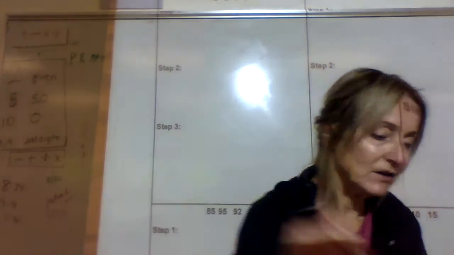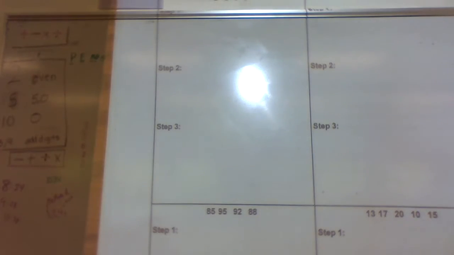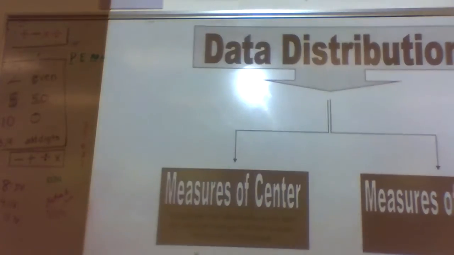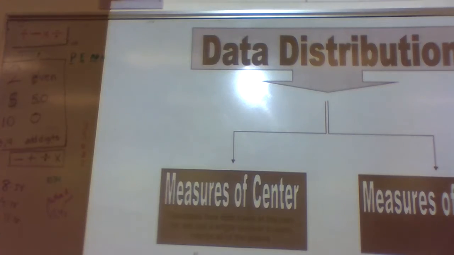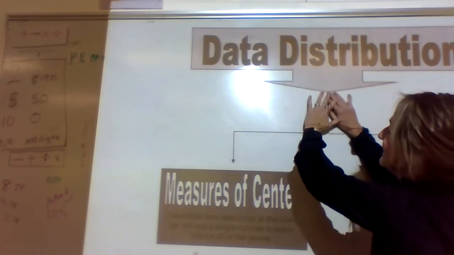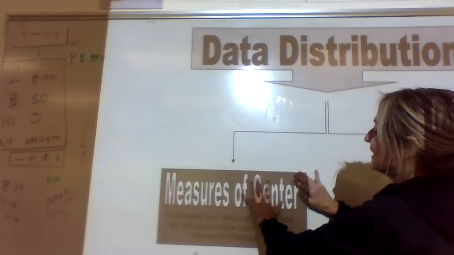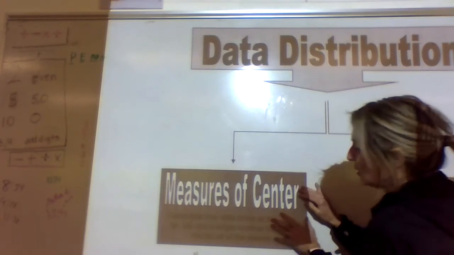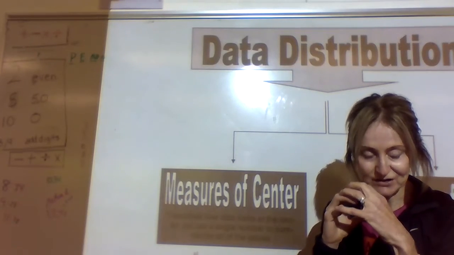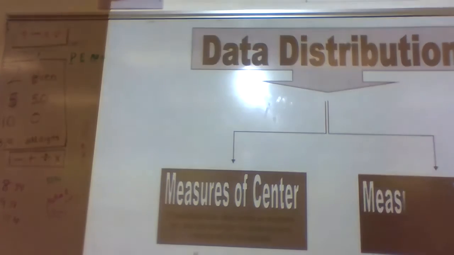We are taking a look at some data. That's what data distribution means. What we've been doing now is looking at different ways of finding the center of our data. Those are called measures of center.